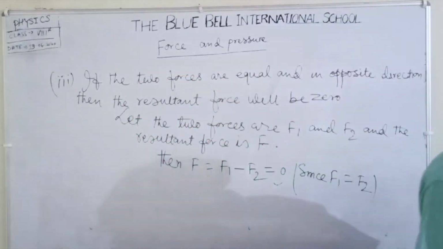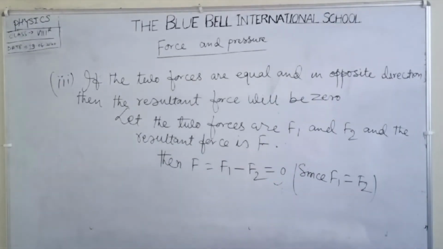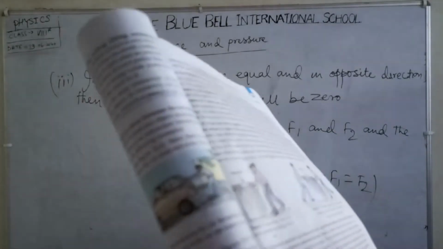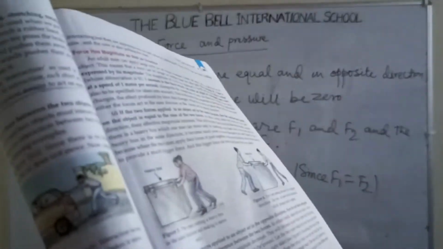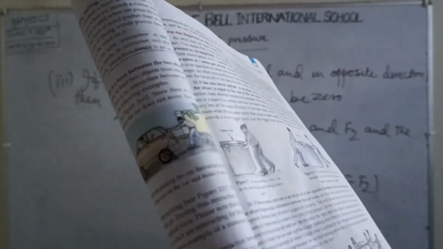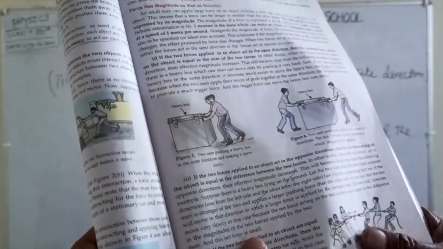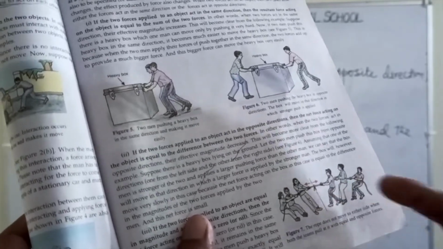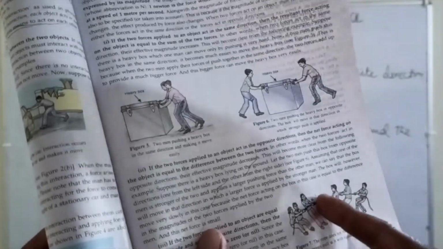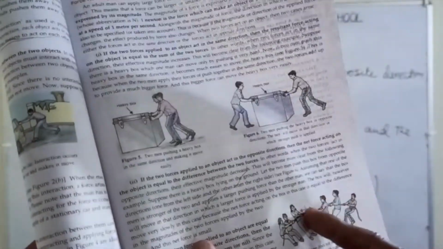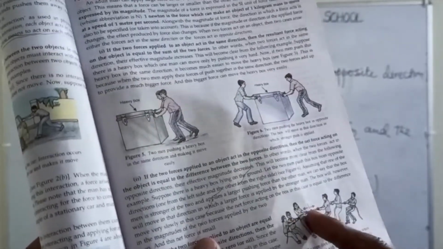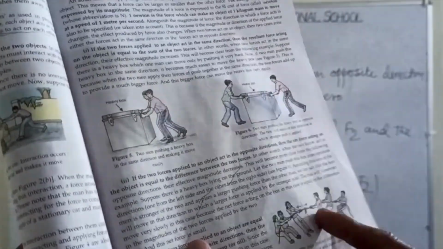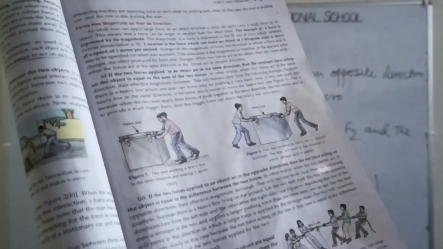Just try to get it from the figure. Here there are two groups of boys and girls. Both the teams are applying force on a rope. In this case, if the force applied by the girls and the boys are equal, what will happen?